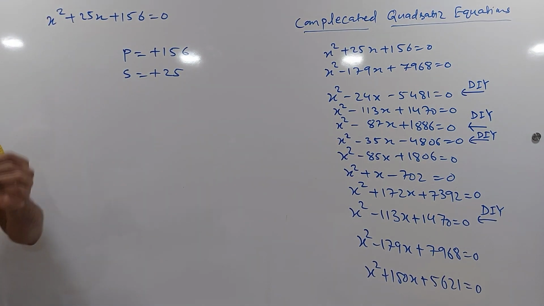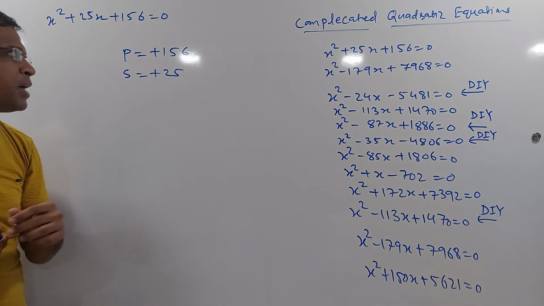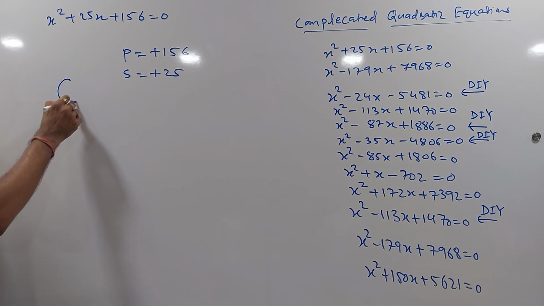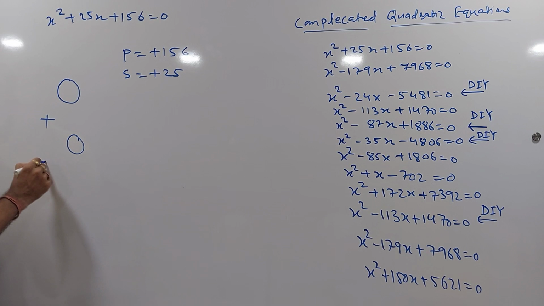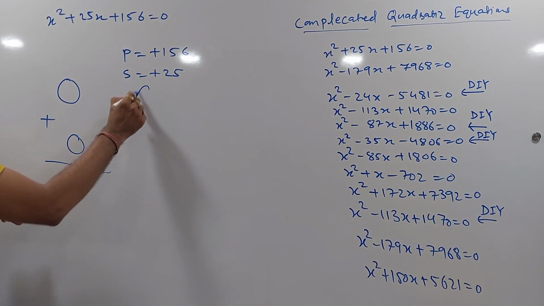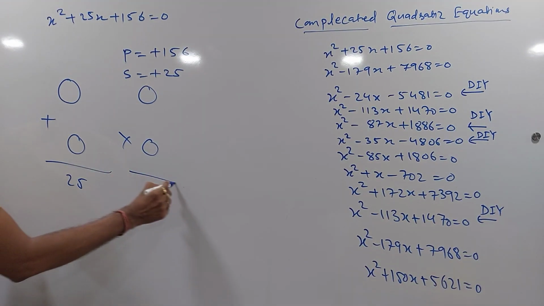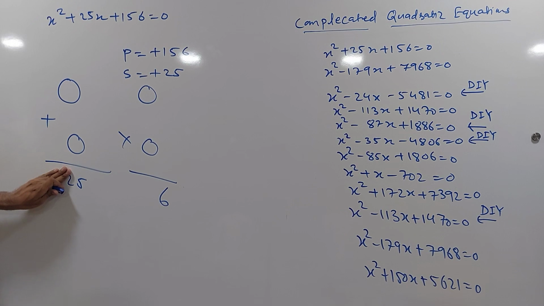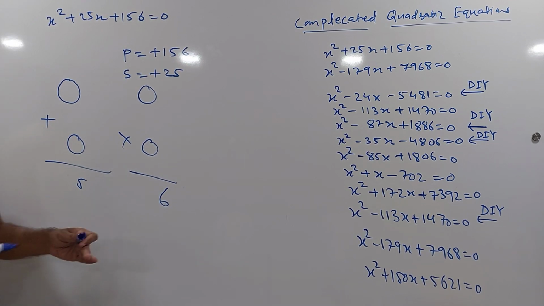So always look for that and then do some trial and error to get your answer. Now one more point here, I can check another way. I want the two numbers whose sum is 25, so the ones place is 5, and the same two numbers' product ends in 6. So I am interested only in the ones place for the time being. What could be the ones place for such a combination?